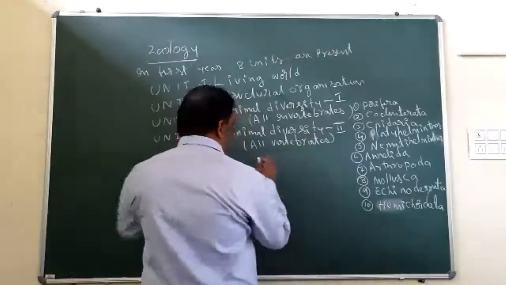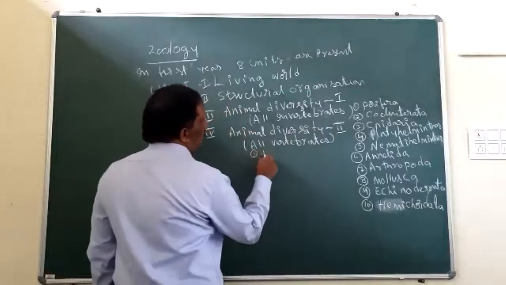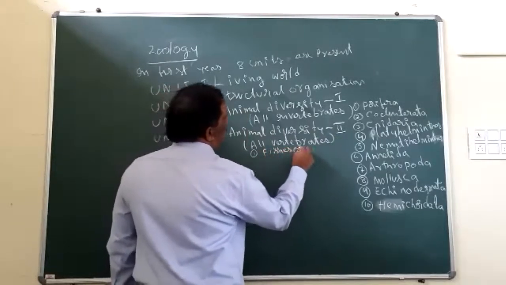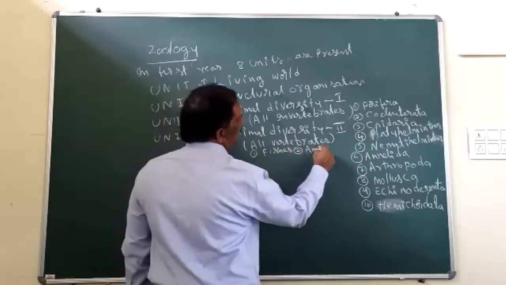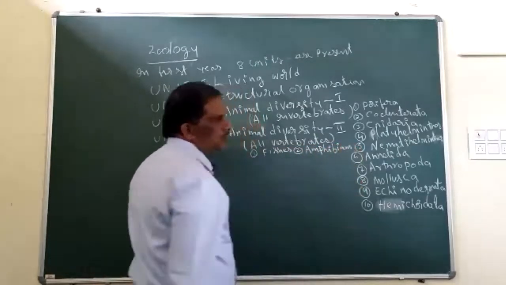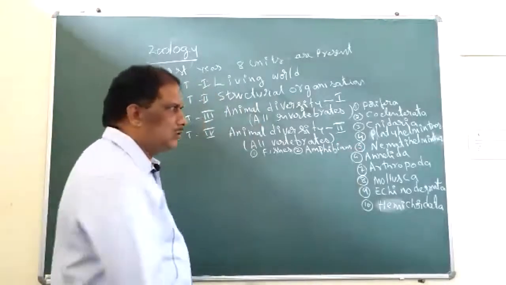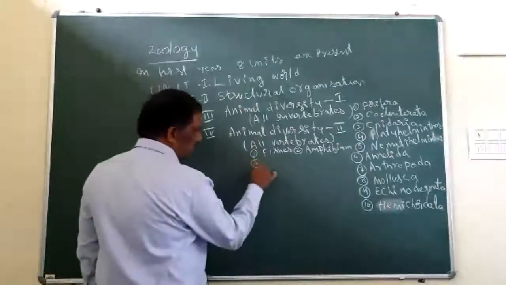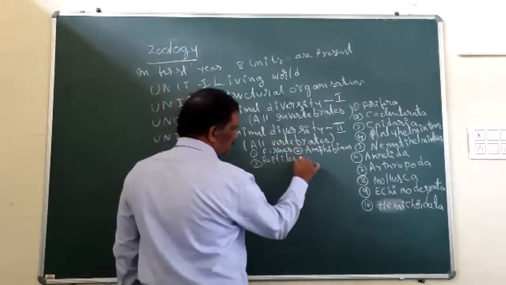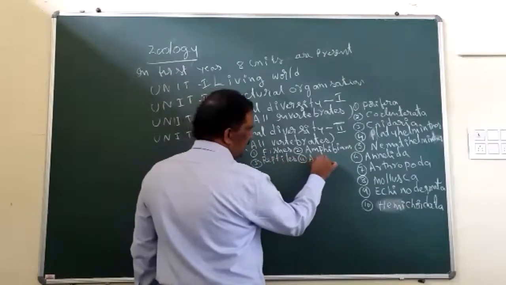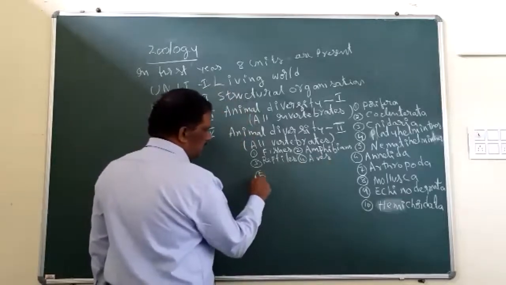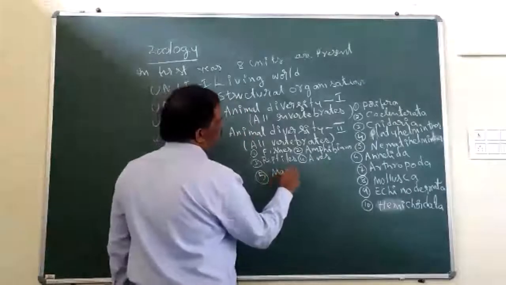The vertebrate phylums are: one is fishes, second amphibians, third one is reptiles, fourth one is aves, fifth one is mammals.